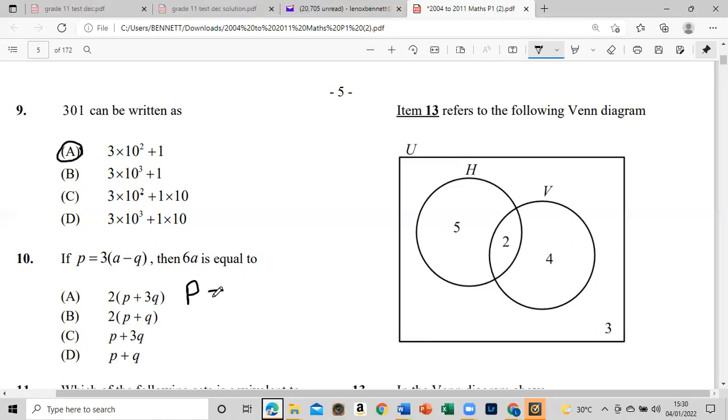I remember I was doing this on another paper and I thought something was wrong with that question. So it's A minus 2. Right? So we have to solve the 3A first. So it's 3A minus 3.